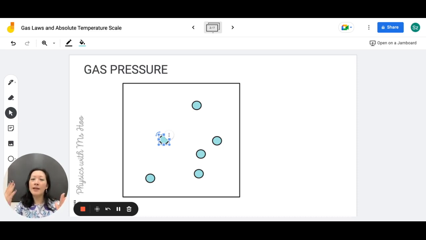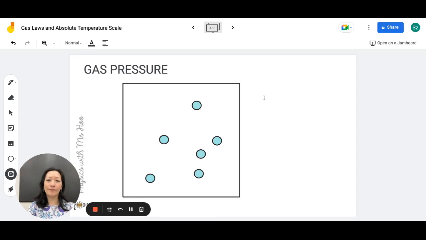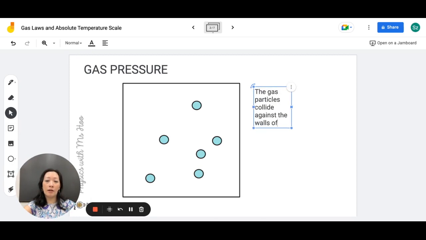So every time the gas particles collide against the walls of the container, it exerts a force. I'll write that down for you. The gas particles collide against the walls of the container. The collision produces an impulsive force.